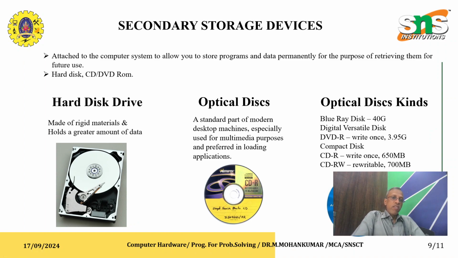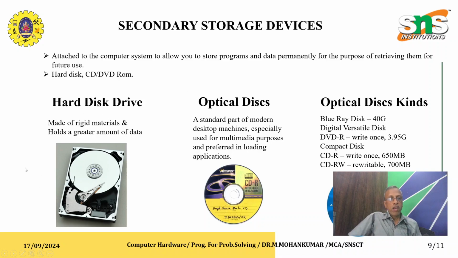Secondary storage devices. Here we will see devices attached to the computer system to allow you to store programs and data permanently, for the purpose of retrieving them for future use. It is nothing but a hard disk. The computer system has a hard disk with large storage capacity.